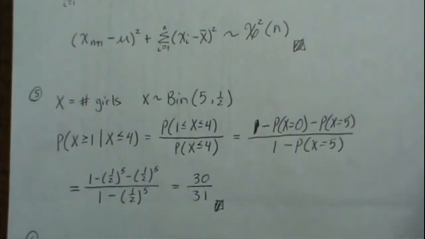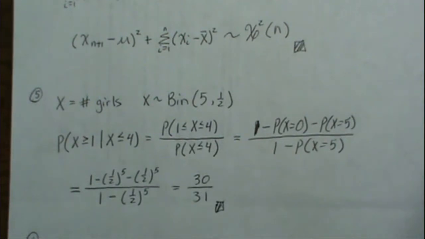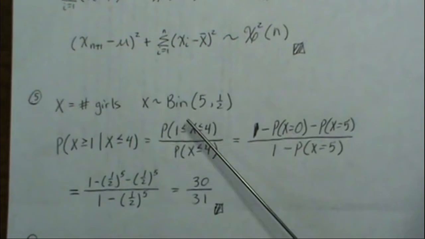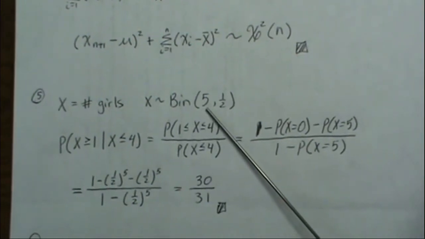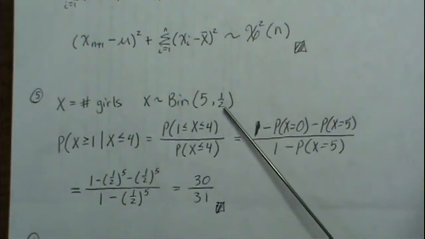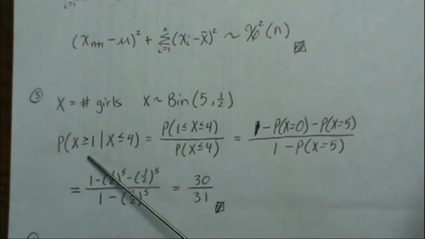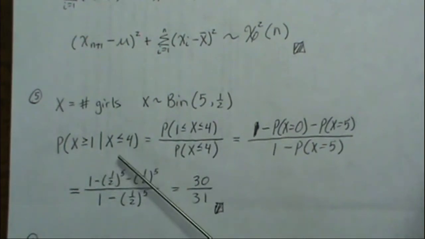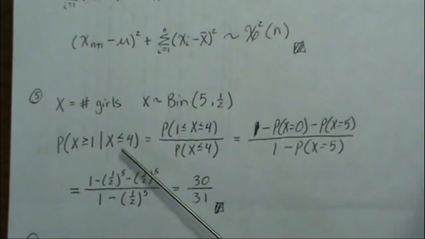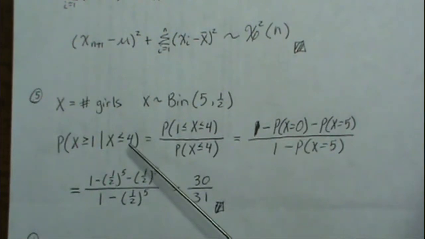So number 5, we let x be the number of girls, and x would be a binomial with n equal 5 and the parameter 1/2. And we're asked to find the probability that x is greater than or equal to 1 given that x is less than or equal to 4. So we have at least one boy.